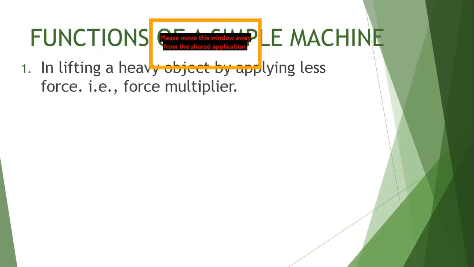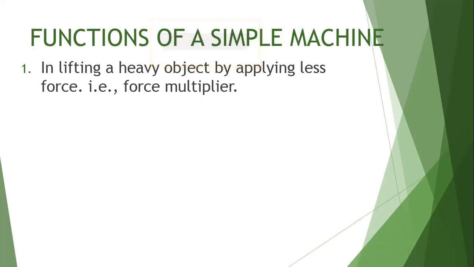So we use machines in lifting heavy objects by applying less force. Exactly. And this concept where we apply less force and we lift it is called as a force multiplier.